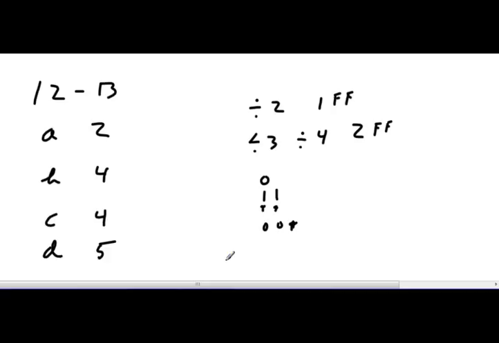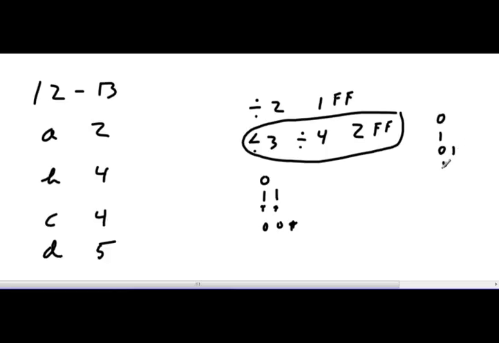Did you say you could do 4 with 2? Yes, I can do 4 with 2 flip-flops because I only count 0, 1, 2, 3, back to 0. There's 4 right there. 0, 1, 2, 3 is 4.